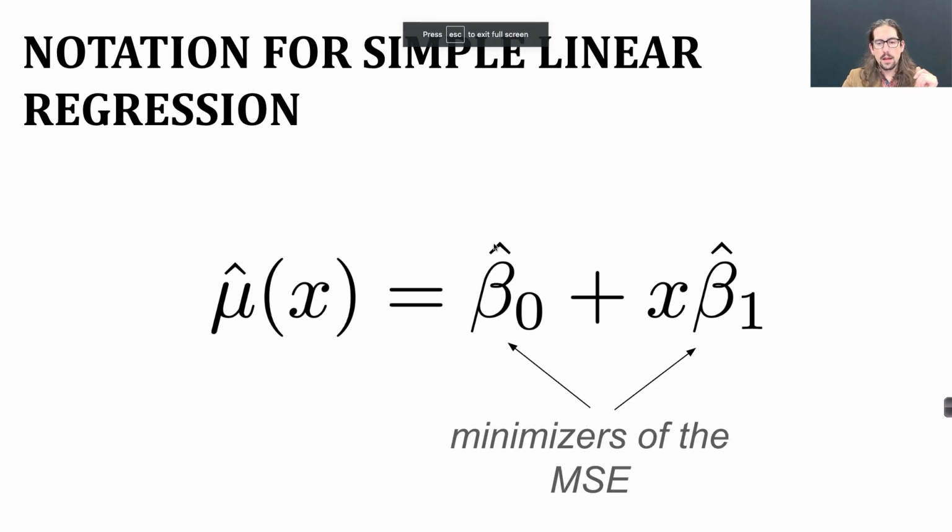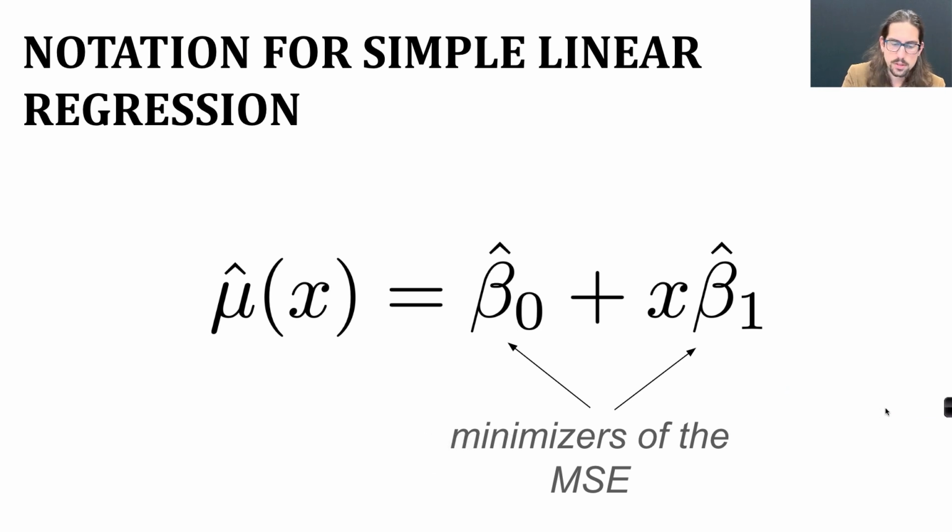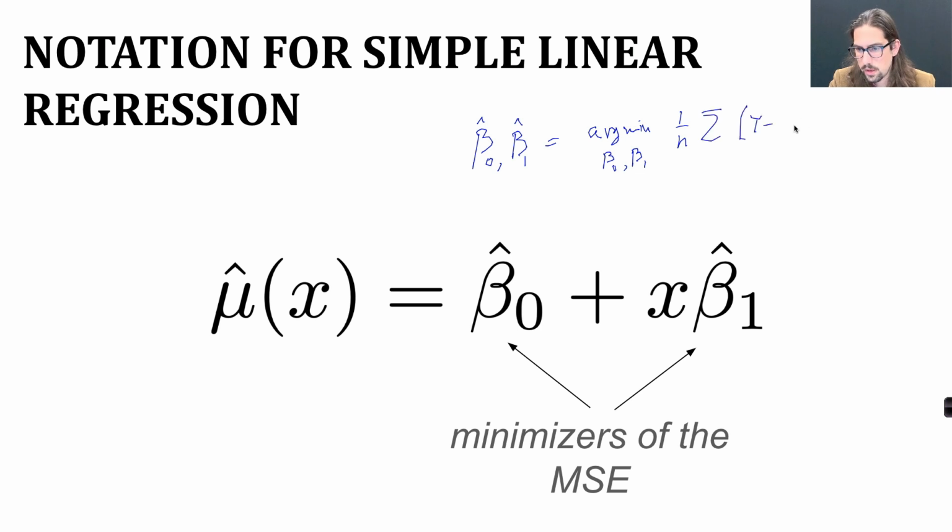Okay, so these things, beta hat 0 and beta hat 1, the definition of these things is that they are the minimizers of the mean squared error. So you may also see it written like beta 0 hat, beta 1 hat are the argmin, over beta 0, beta 1, of the sum of y minus the prediction, squared.